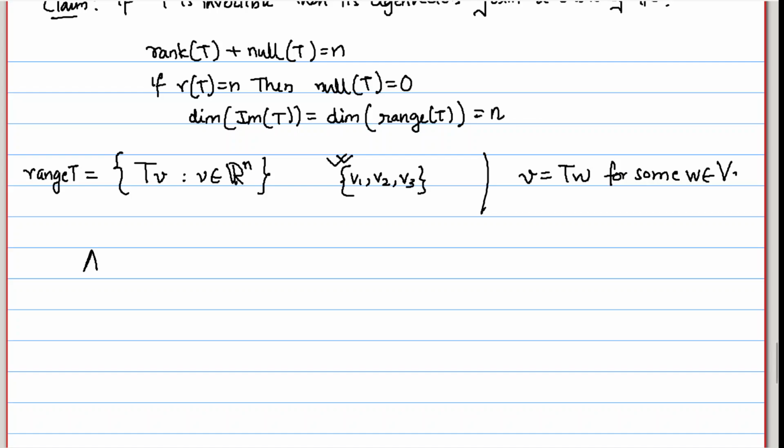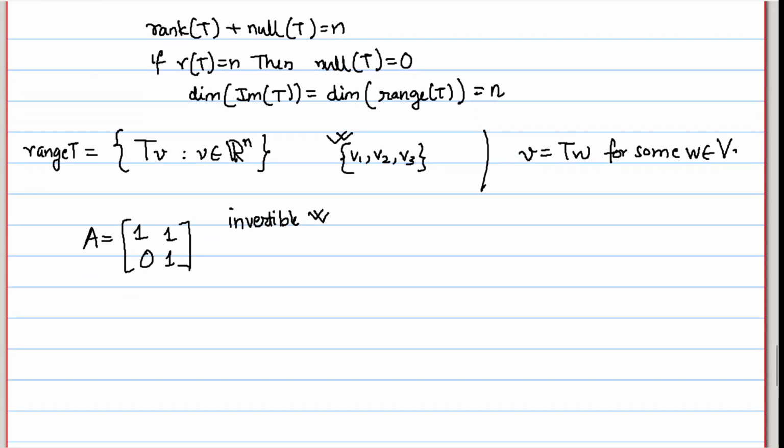Consider this matrix, okay? 0, 0, 1. Is this invertible? Yes. What are the eigenvalues? One and one. Just one, right?